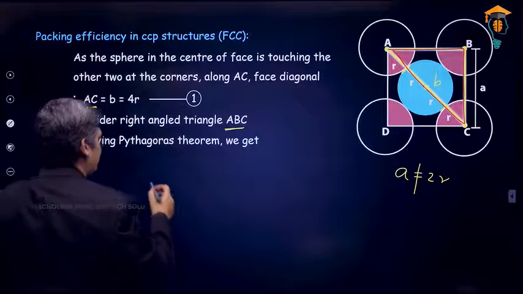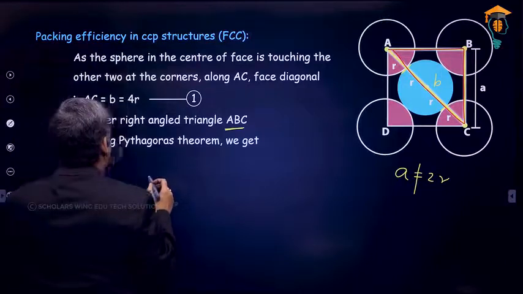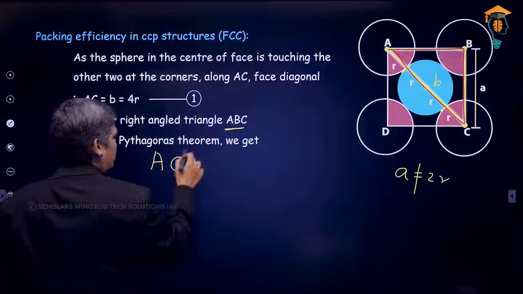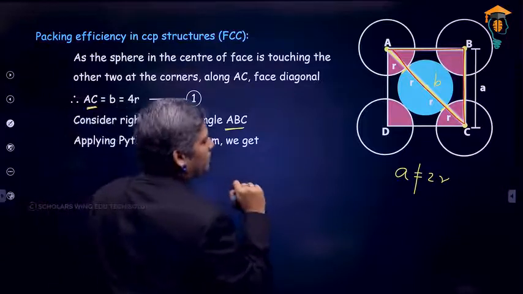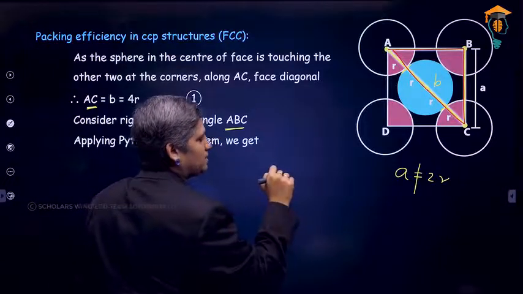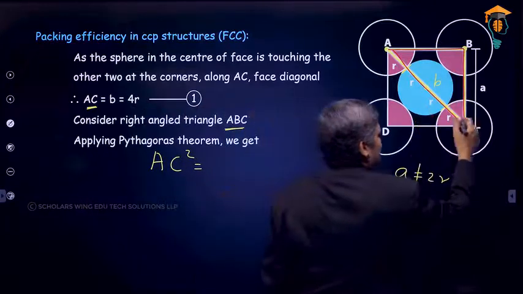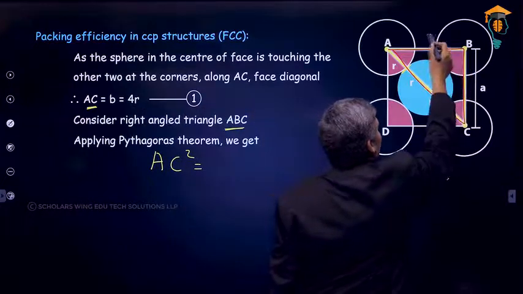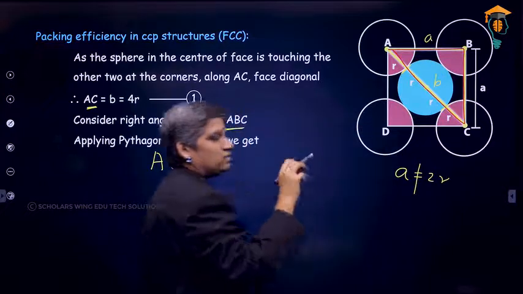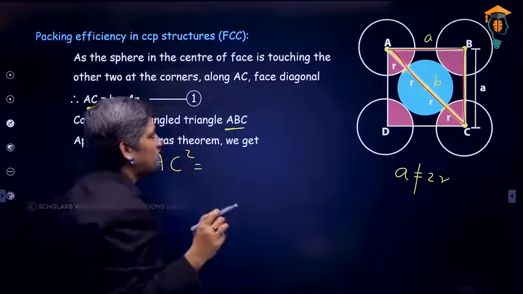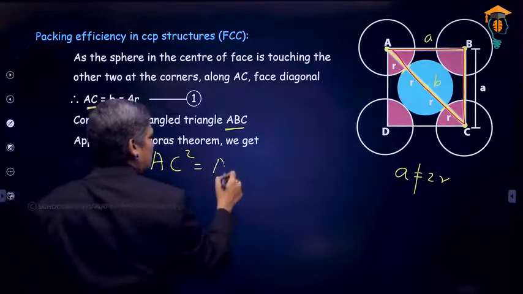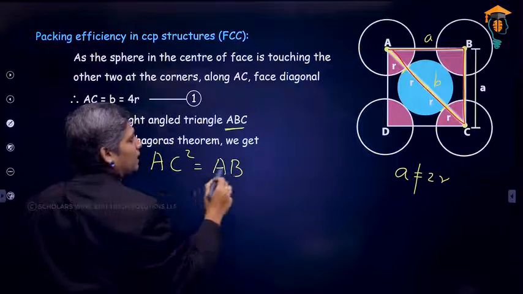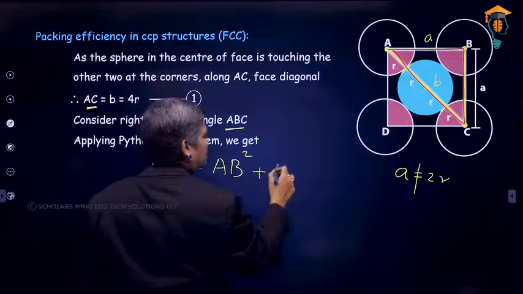Now I can say AC square, that is the hypotenuse square, is equal to AB square plus BC square. If BC is the edge, AB is also the edge that is given by A, because all edge lengths are equal. So as per Pythagoras theorem, AB square plus BC square.